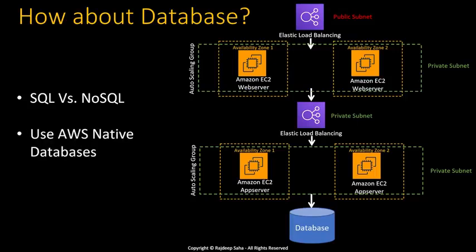And try to push the conversation towards AWS native databases, because AWS native databases offer out-of-the-box high availability, fault protection, and replication. If you run your database on EC2, you have to manage all that. So that's a rabbit hole you want to avoid in your interview.